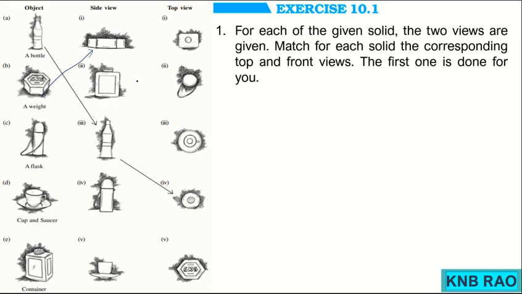See here, a flask side view we have here and its top view is here. When it comes to a cup and saucer, a cup and saucer's side view is here and that's top view is here. Then a container, its side view is here and its top view is here.